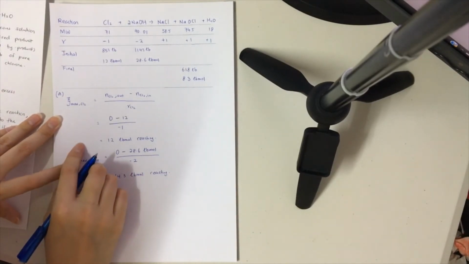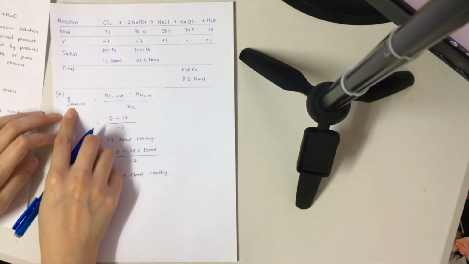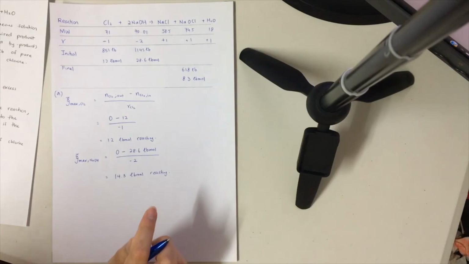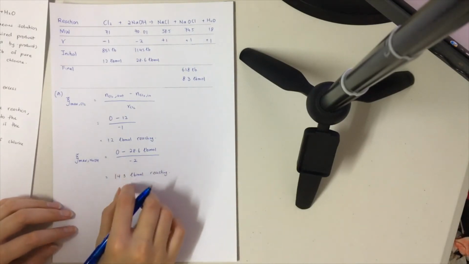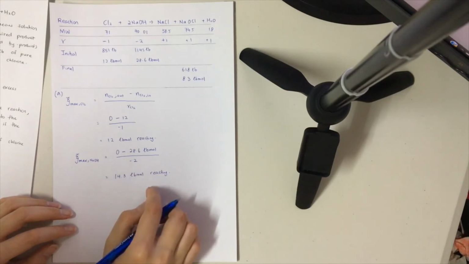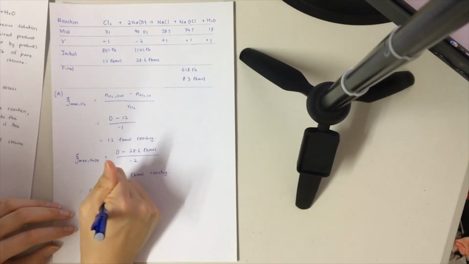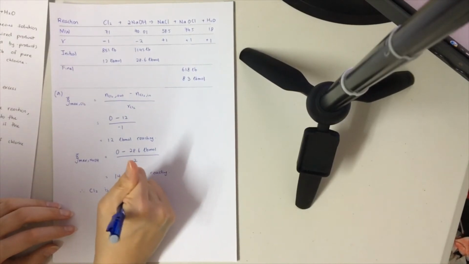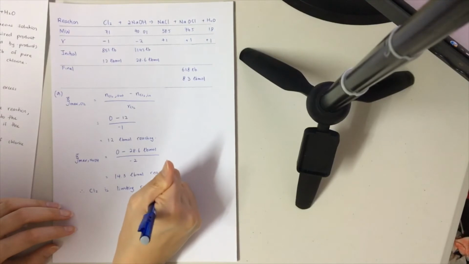So the one with the lower maximum extent of reaction is your limiting reactant, and this is your excess reactant. Therefore, Cl2 is the limiting reactant.